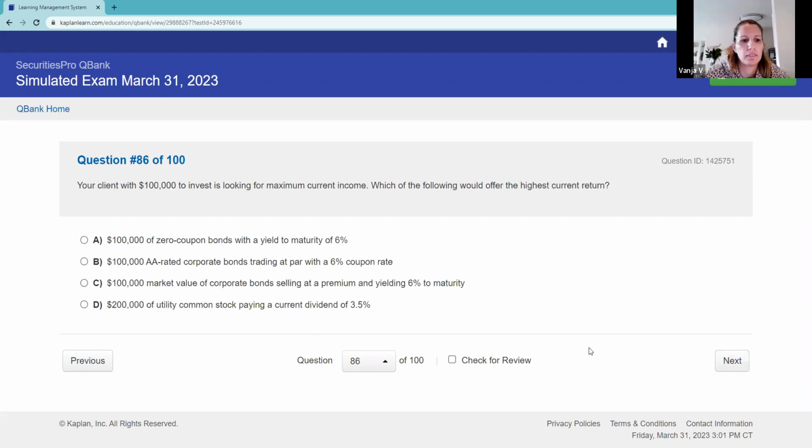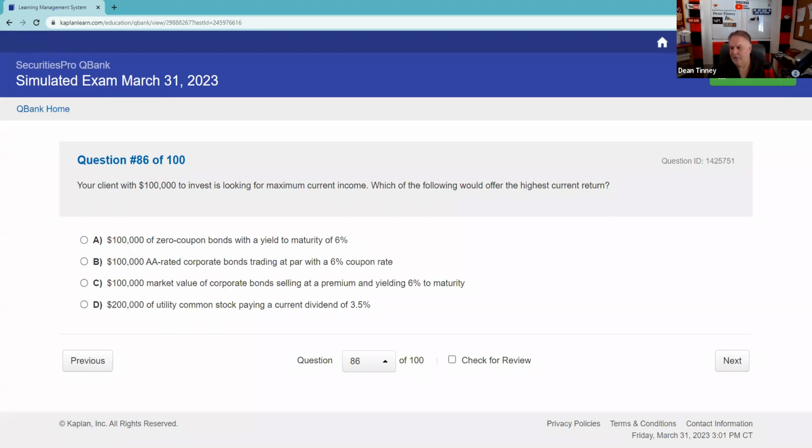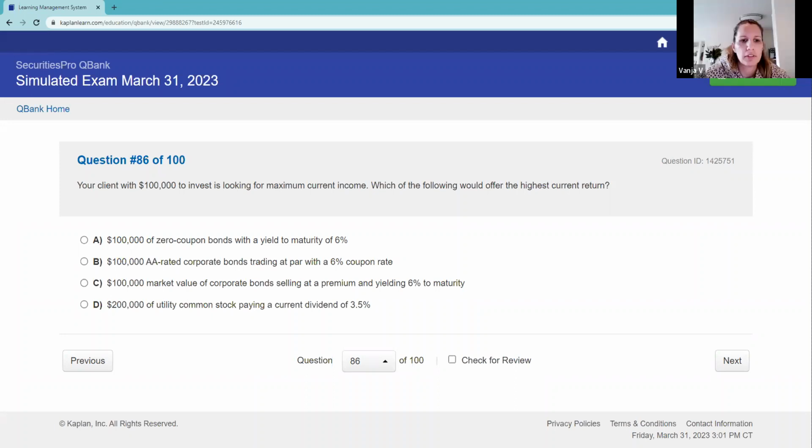Your client with 100,000 to invest is looking for maximum current income. Which of the following would offer the highest current return? Zero coupon bond with a yield of 6. Corporate bond trading at par.